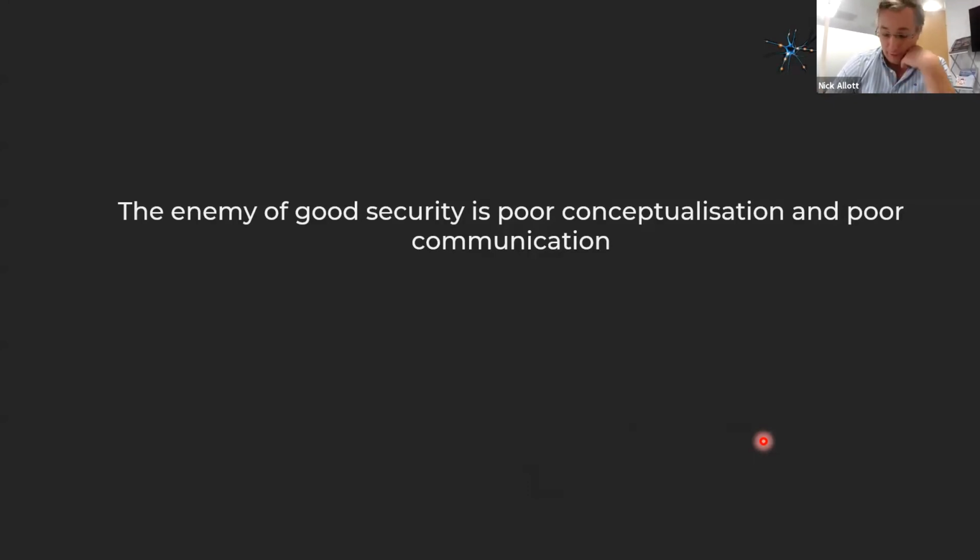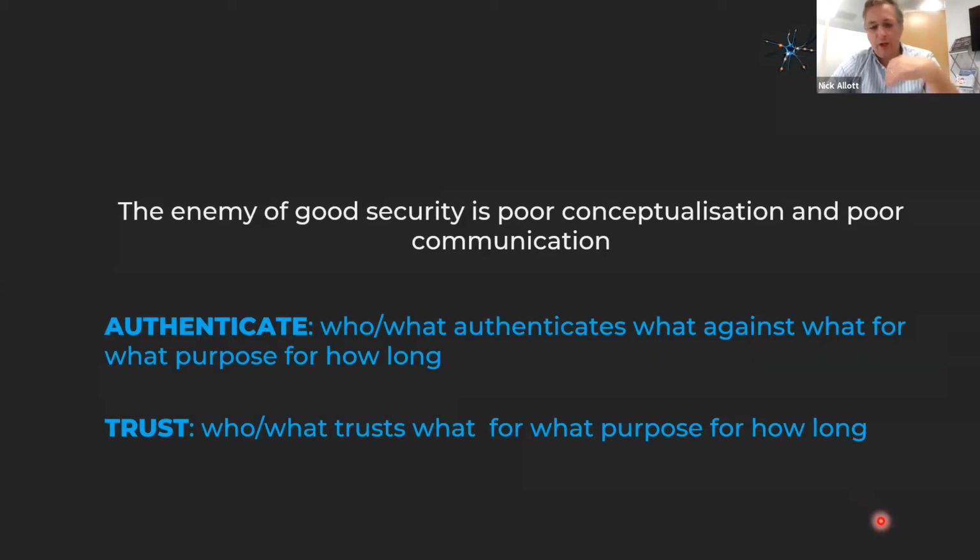And so two little hobby horses of mine: words like authenticate and words like trust. People love using them in security documents, but these are technical terms. And if you want to really understand it, you've really got to qualify every time a word like that is used what's being authenticated against what, and for what purpose, and for how long. Similarly, the same goes for the notion of trust.